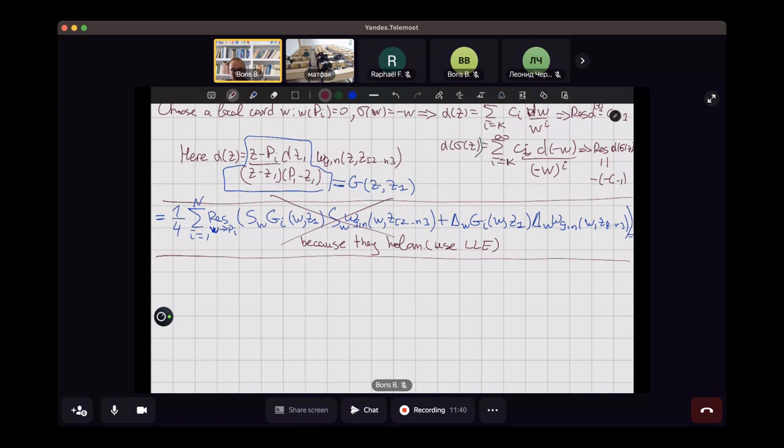Is it clear? Somewhere there should be a 1/2. Yes, this is the quadratic loop equation.